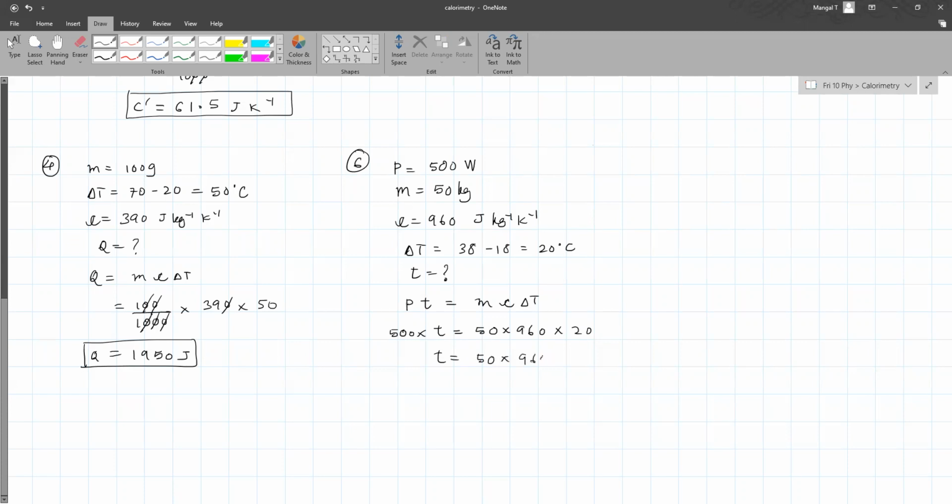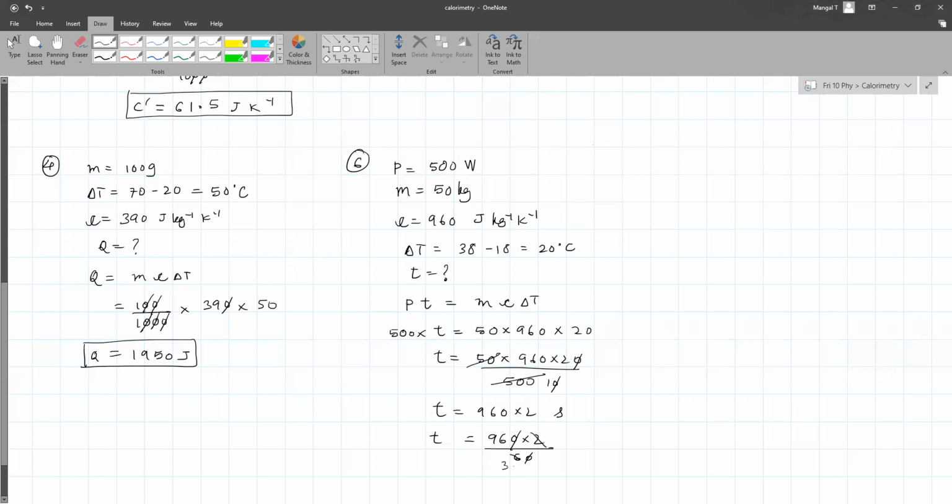So 50 into 960 into 20 upon 500. This will be 10. So 960 into 2, these many seconds. If you leave your answer in seconds, that's okay. If you have to convert this into minutes, you will have to divide by 60.